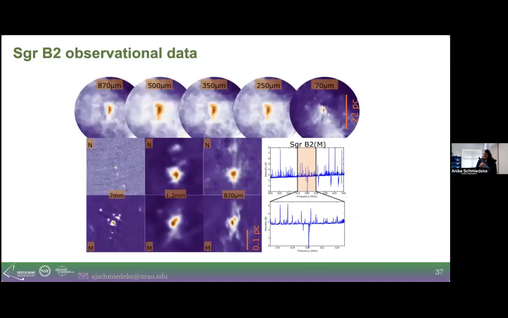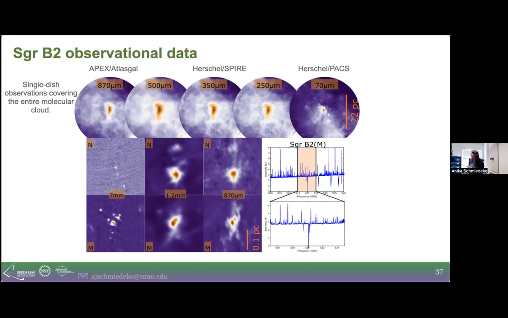Now, Sgr B2 has a ton of observational data. I'll just show you some here. At the top is single-dish data obtained with APEX and with Herschel, using different instruments, where you see the entire cloud, basically. And then at the bottom, the square maps are interferometric maps obtained at different wavelengths with the VLA, the SMA, and ALMA.